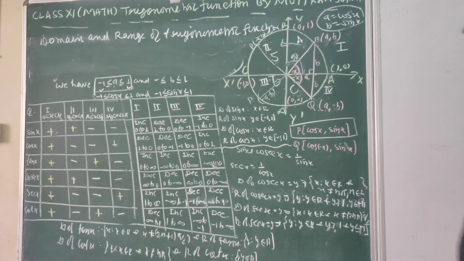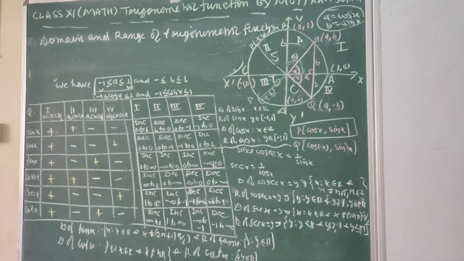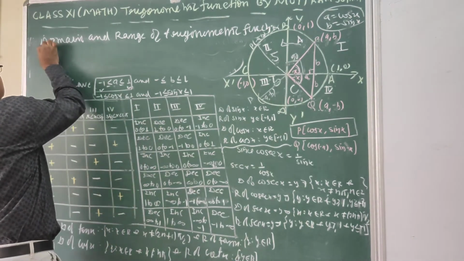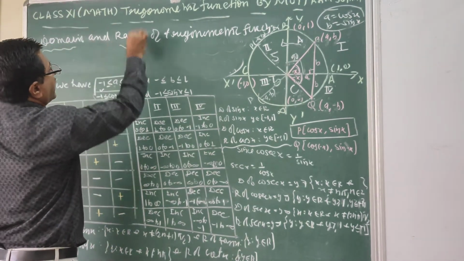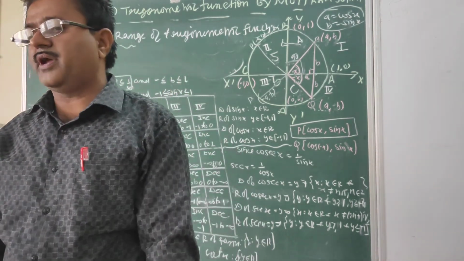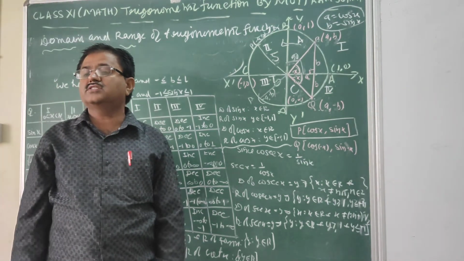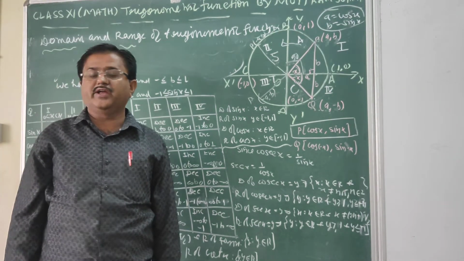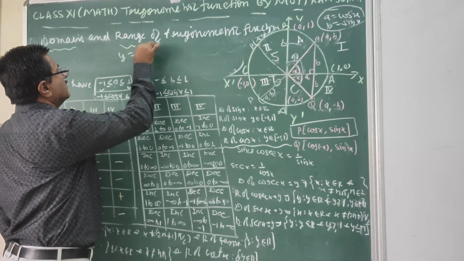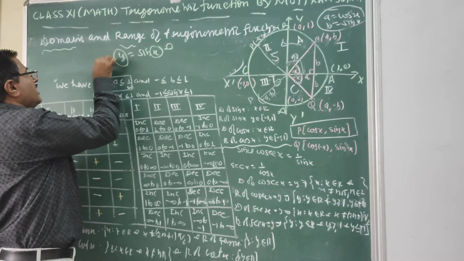So, domain and range of the trigonometric function. In the previous chapter, chapter two, we already saw the meaning of domain and range of a function. Domain means the values of x for which the given function is real or defined. What are the values of x? That is known as domain. And what are the values of y?